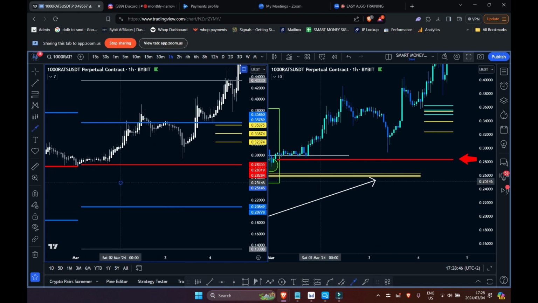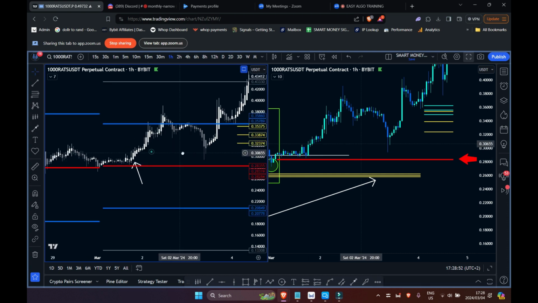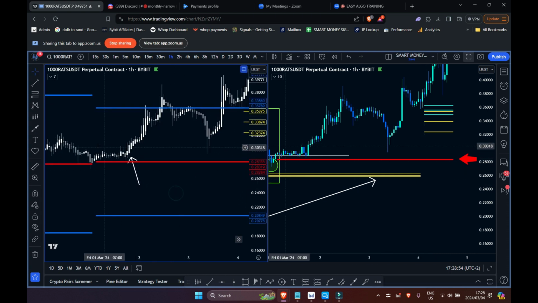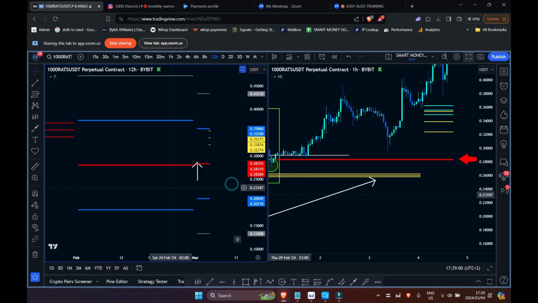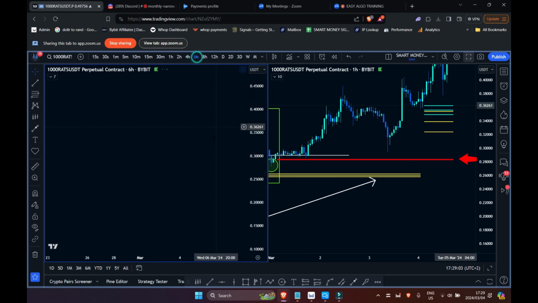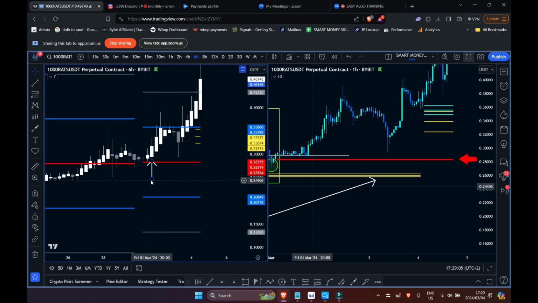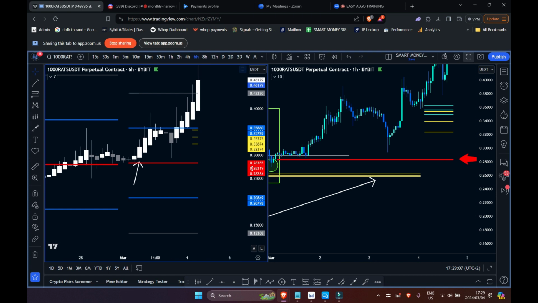If this works for you, this is great. I would have waited until we got a big flat back candle like over there or over here, and that would have been my clue to enter this trade, looking at a higher time frame. I might have even gone to a 12-hour time frame or a 6-hour. So you can see this would have been my entry.